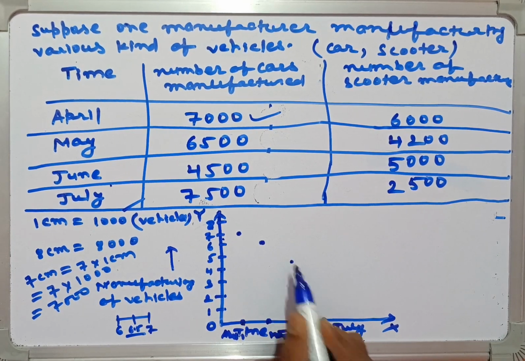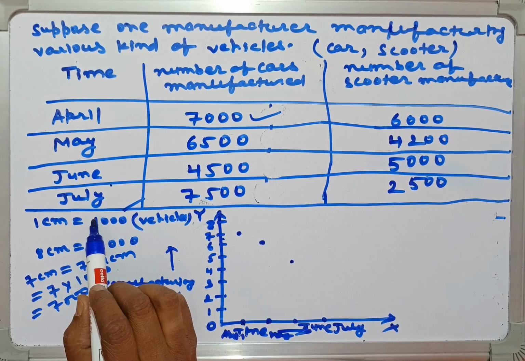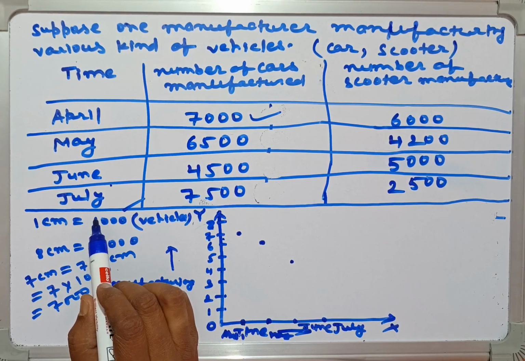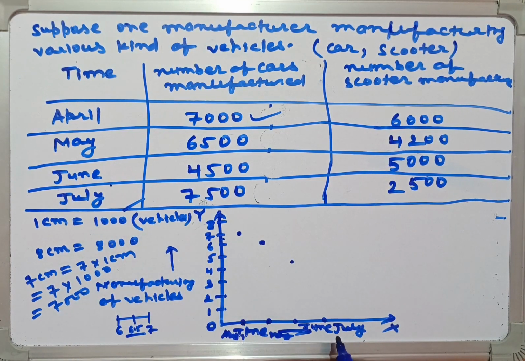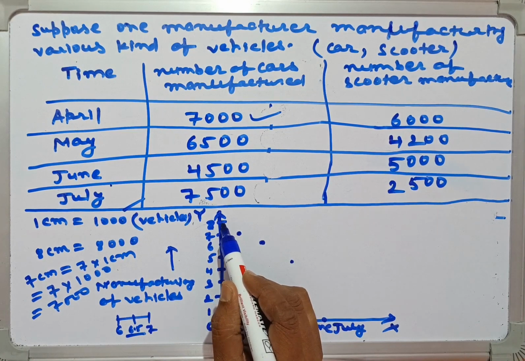Okay, next one is July. So in this month the manufacturing went up. Okay, so we represent this one here, see 7 and 8.